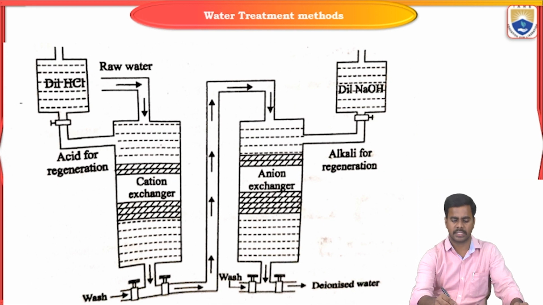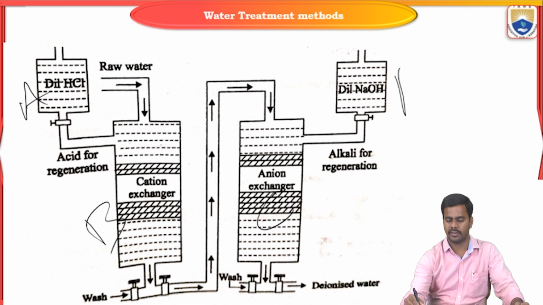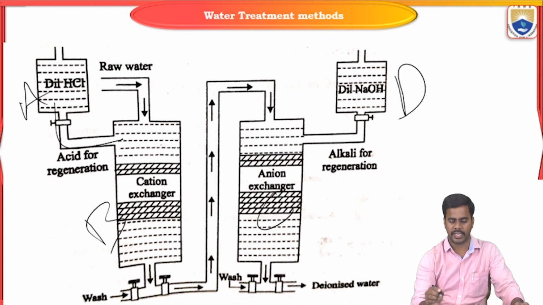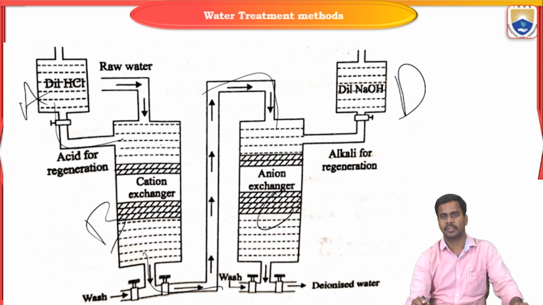These are represented as A, B, C and D. For our convenience, we are going to represent them as A, B, C, D. These 4 vertical tanks are interlinked, interconnected to each other. If you observe that, every tank must be interconnected.